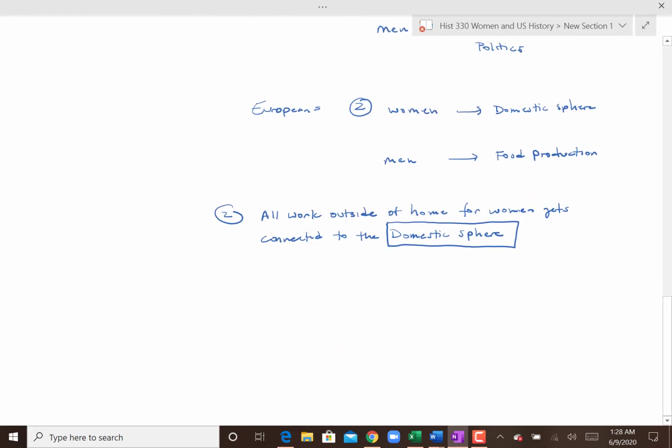But here's what's interesting about this, and I'm going to constantly be like, see how this connects back. Any kind of evolution of women's labor outside of the house, in order for it to be accepted in society, had to be connected to this.